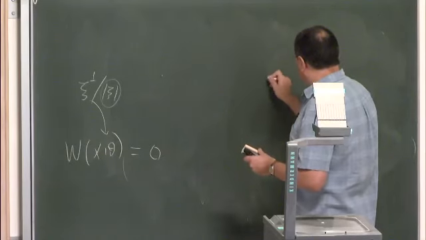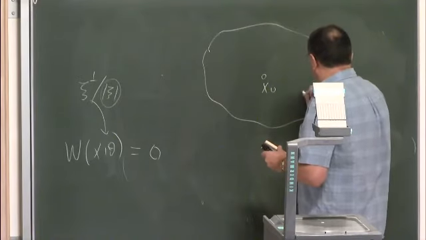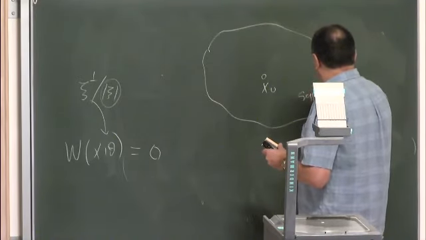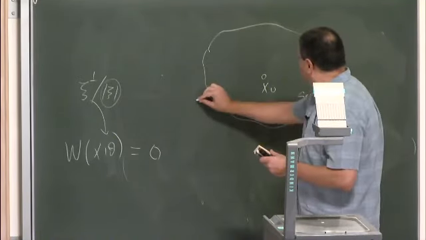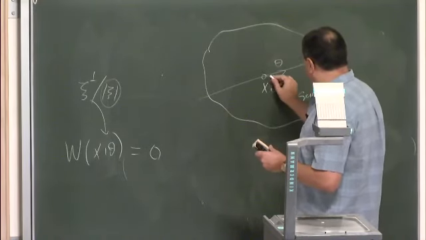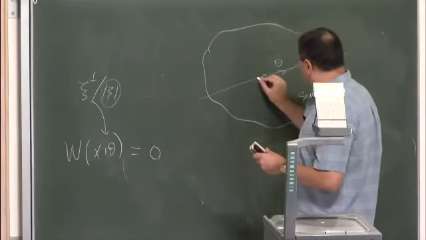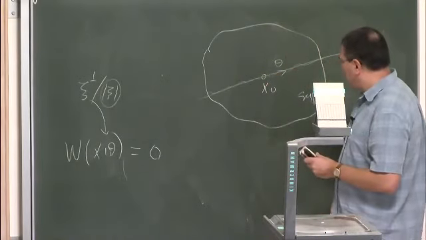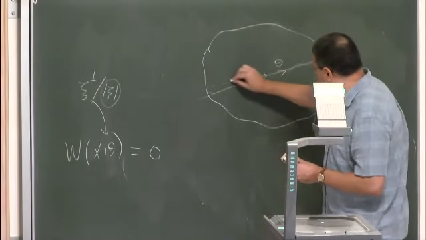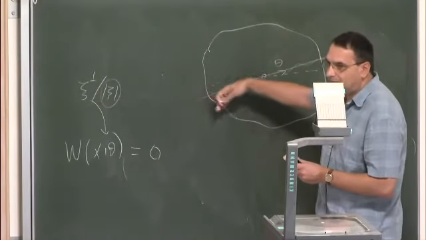Okay, so you have x0 here, and this is the support of f. And let's say that you found theta such that this integral with the attenuation and this integral are equal. Okay, then you change the angle a little bit, and you still compute this and this integral, and you want them to really change.